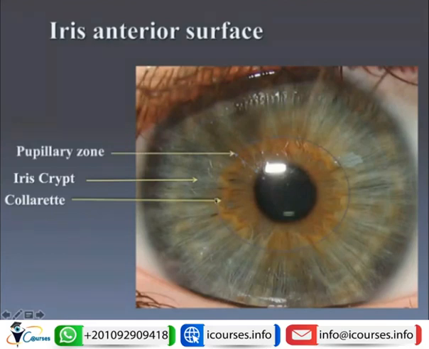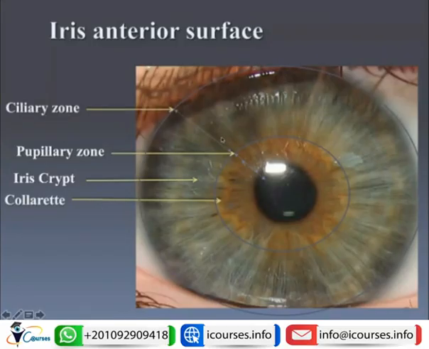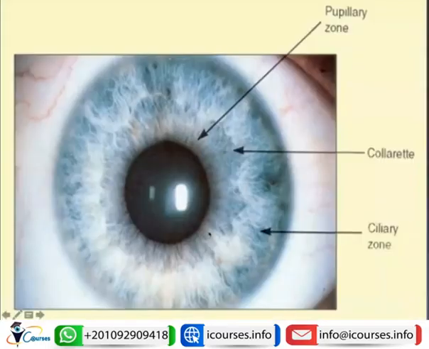This collarette separates the anterior surface of the iris into two zones: the inner one, which is called the pupillary zone, and the outer one, which is called the ciliary zone. Here is the pupillary zone, and here is the ciliary zone, separated by the collarette.